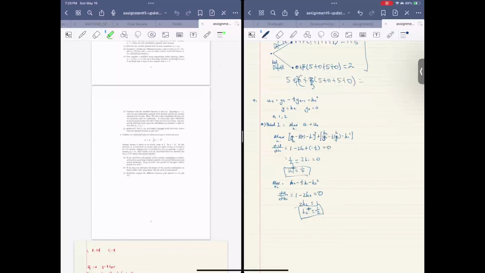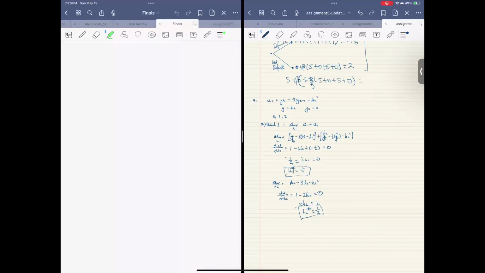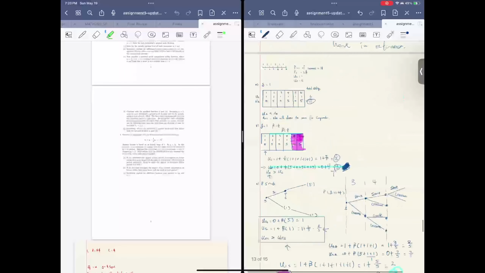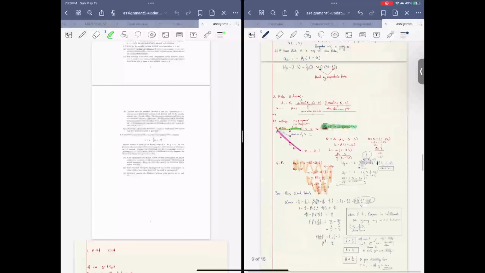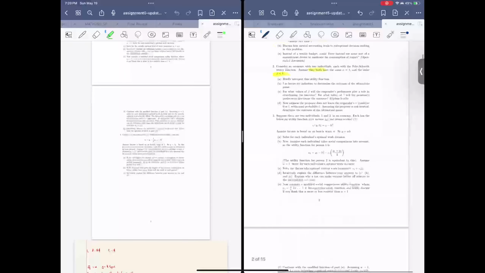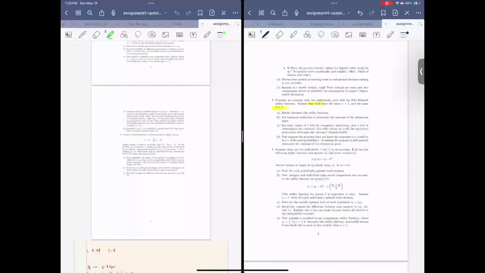Okay. On the final, do you think question 2 is going to be more like where the responder sends triple back, or is it going to be just like the ultimatum game? You should remember both games.